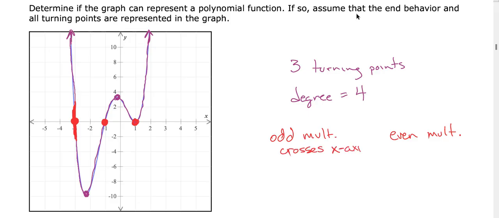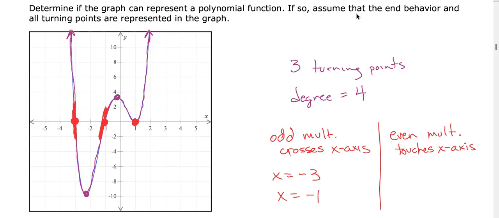So because it crosses at -3, that's an odd multiplicity. It crosses at x equals -1, so that's an odd multiplicity. And it just touches at x equals 1. It comes down, it touches, and it goes back up. So that's an even multiplicity.